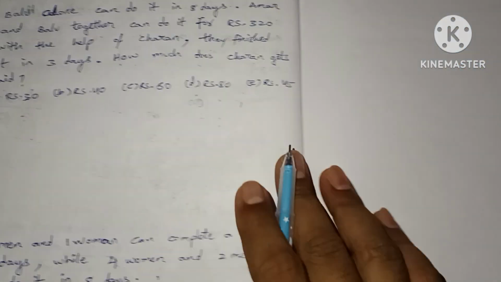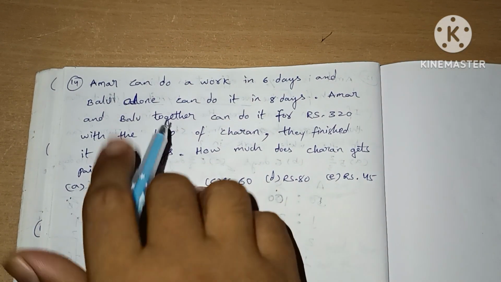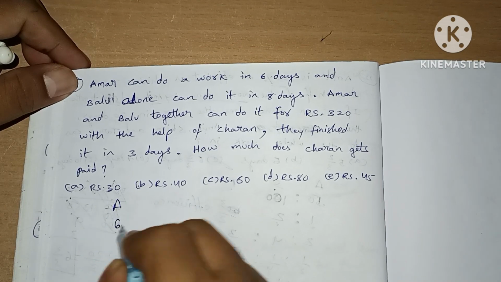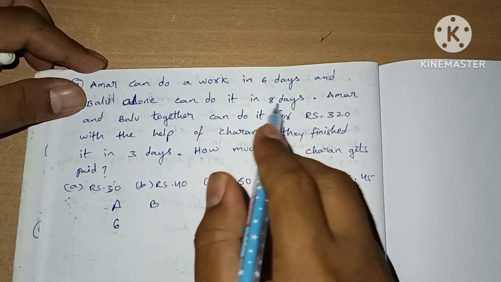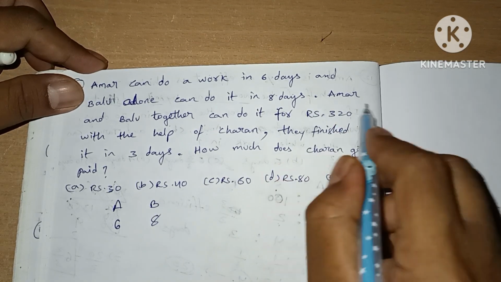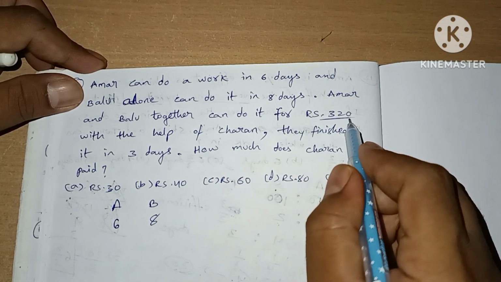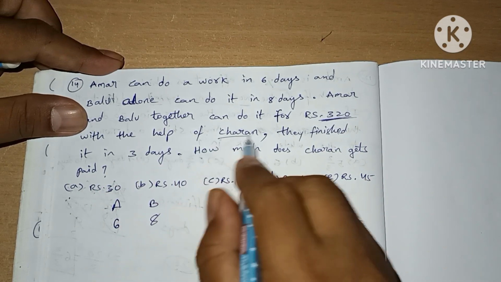We are going to see the 14th question. Amar can do a work in 6 days and Balu can do a work in 8 days. Amar and Balu together can do a work for 320 rupees with the help of Charan.